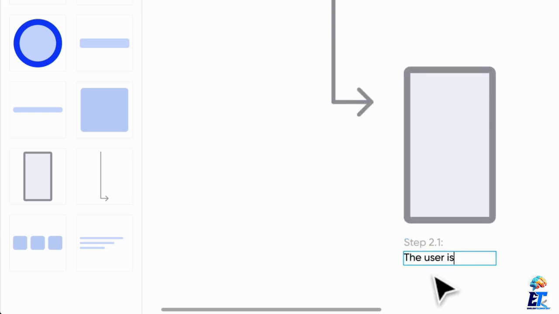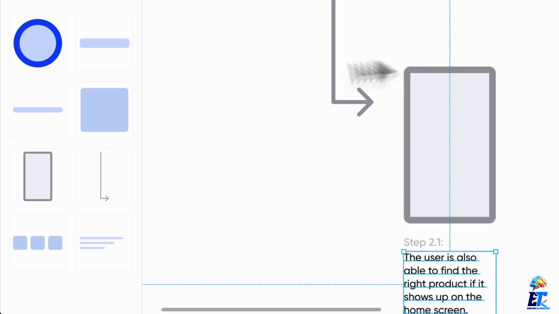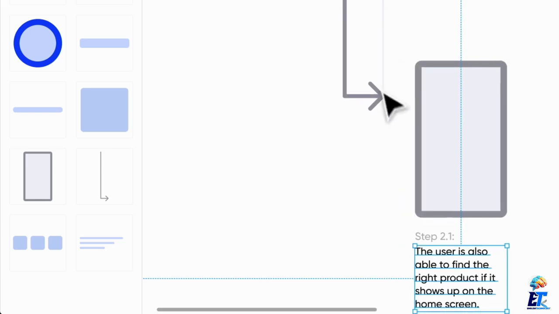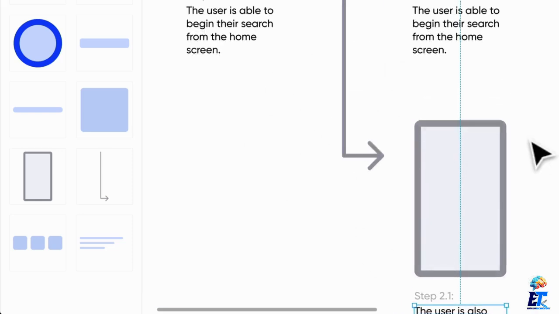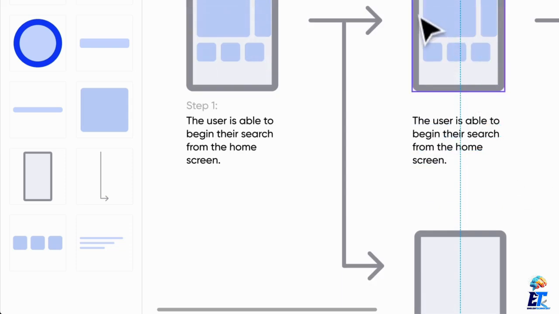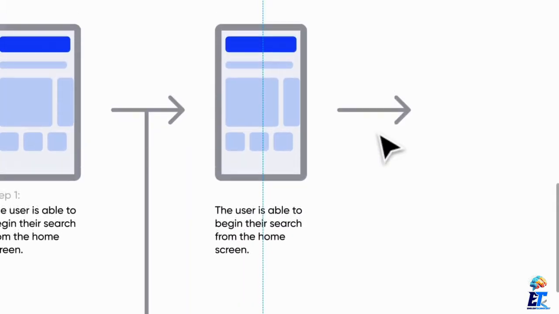The user is also able to find the right product if it shows up on the home screen. So we can actually create a flow for that afterwards. Now I know that it's just there as a reminder.